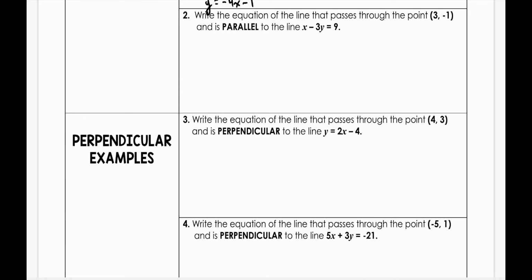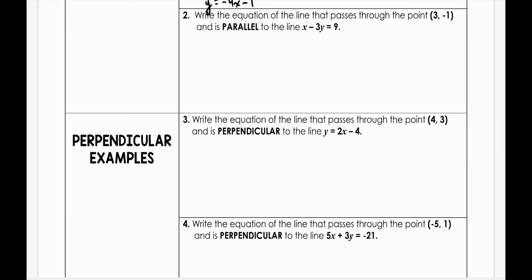Let's look at number 2. We're asked to write the equation of the line that passes through the point (3, -1) and is parallel to the line x minus 3y equals 9. So let's do basically the same thing. First thing we have to do is change that standard equation into slope-intercept form, and the way we can do that is to solve for y.